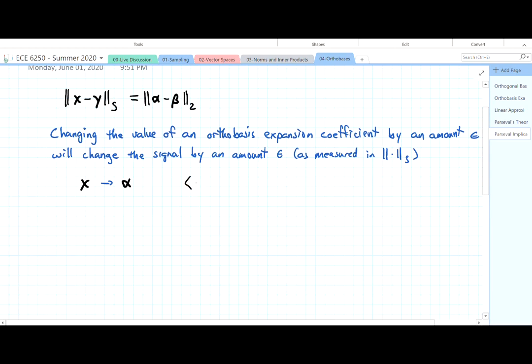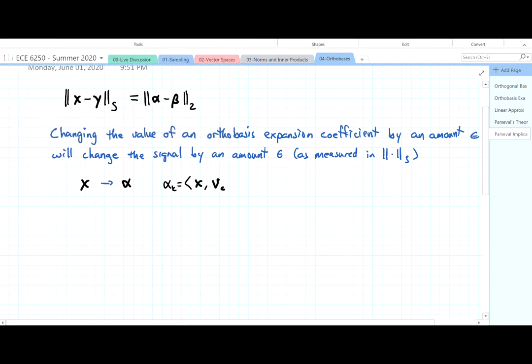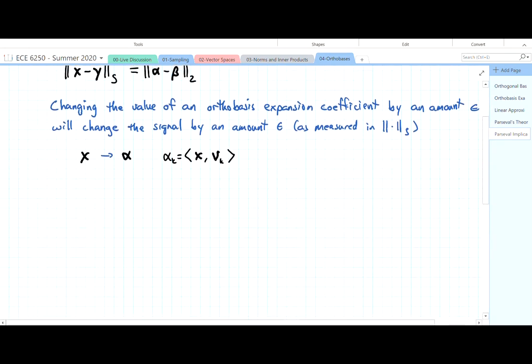That means that alpha sub k is equal to x with the kth coefficient, and then alpha is the vector containing the alpha sub k's.